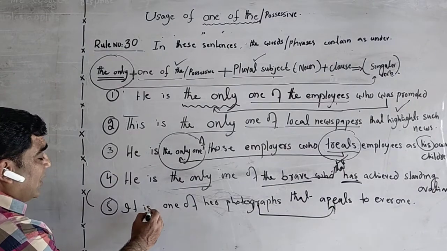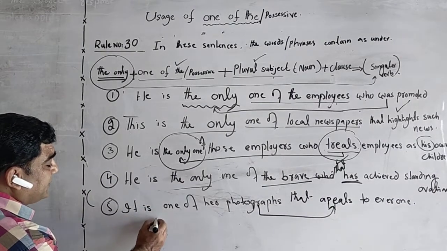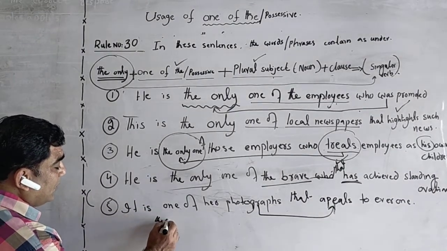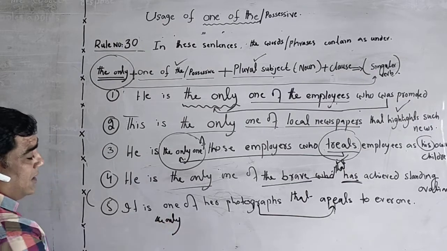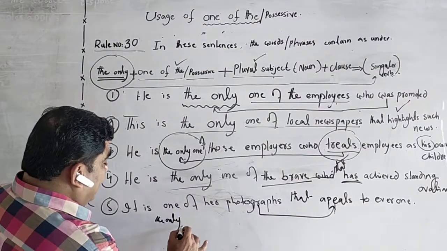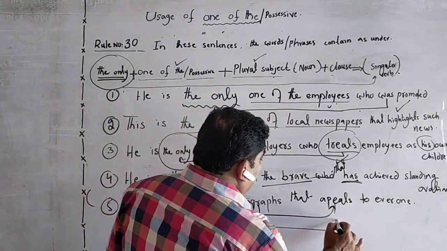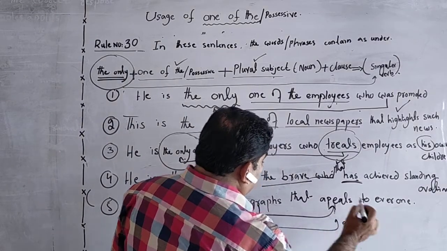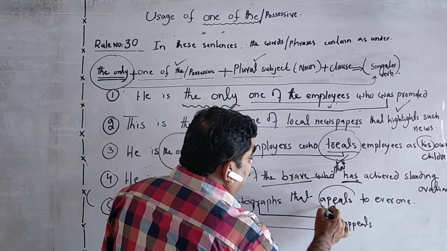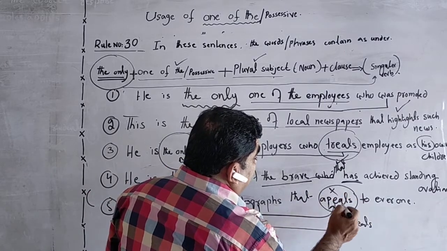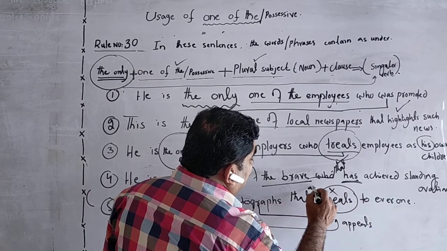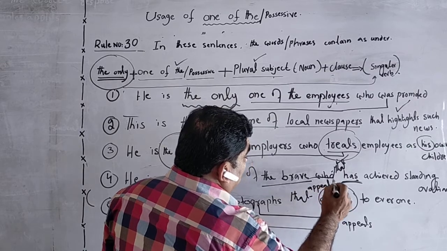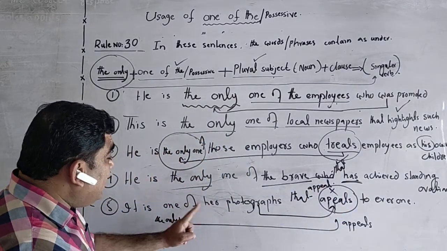But if you write here, it is the only one of her photographs, then we put here singular verbs like appeals. Here there is a mistake, we will write appeal, because of one of her photographs.